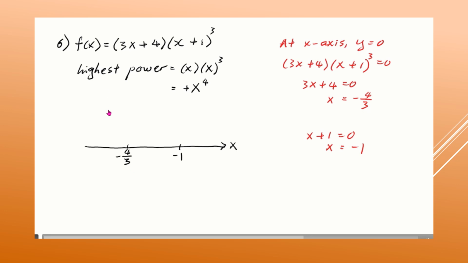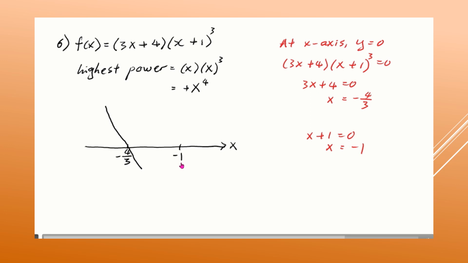Now from the highest power, which is positive x power 4, basically the shape is a U shape, and we can start the curve from here. So we start sketching the curve from this area. When I go down to the first point, -4/3, since it is power 1, the curve just goes through this point.